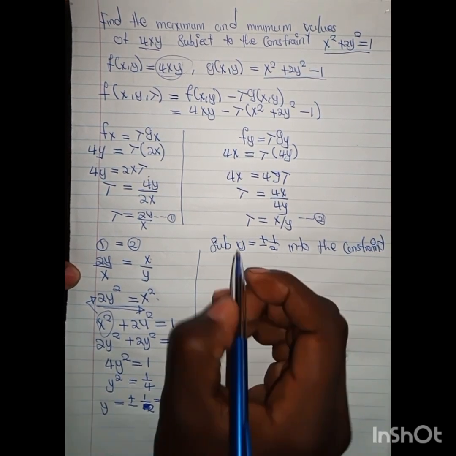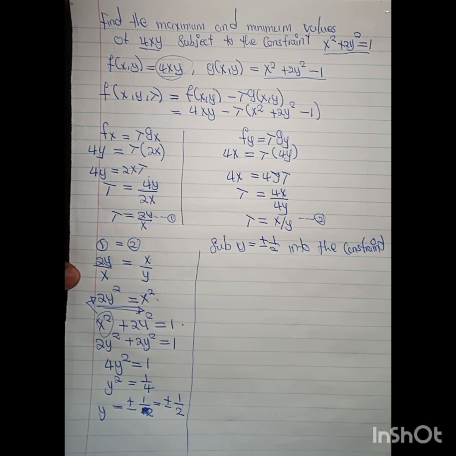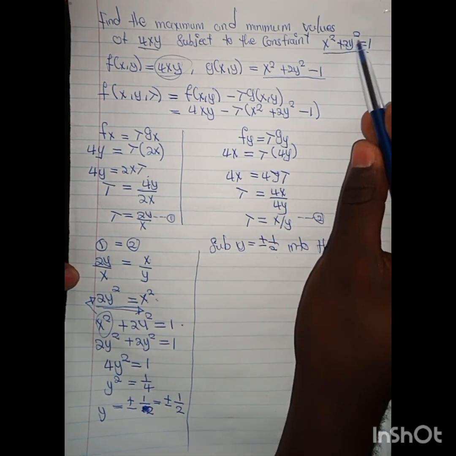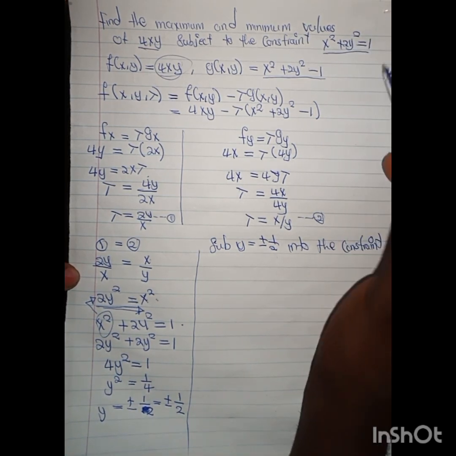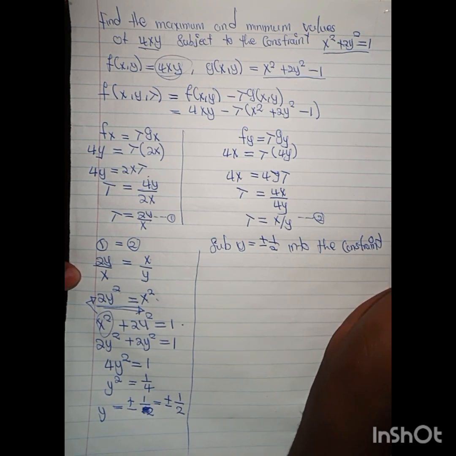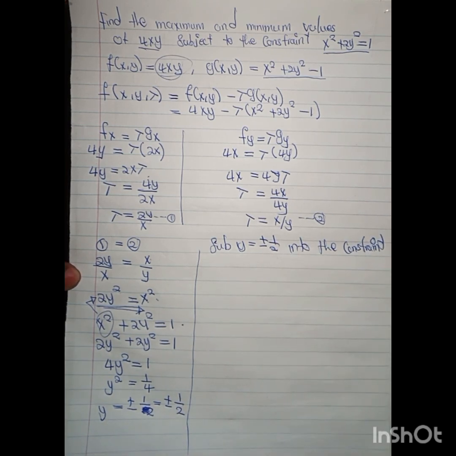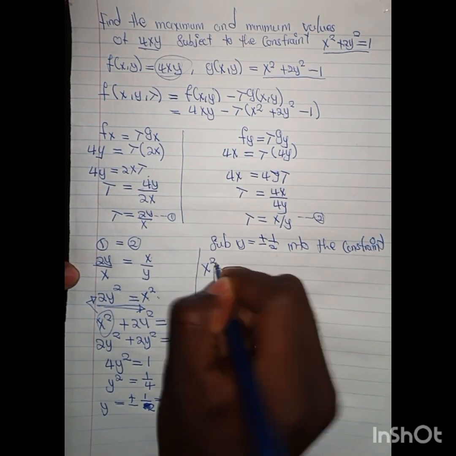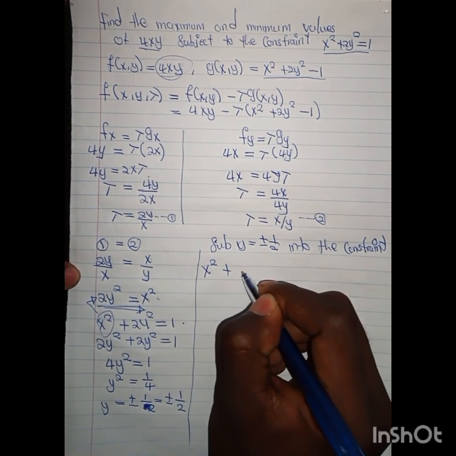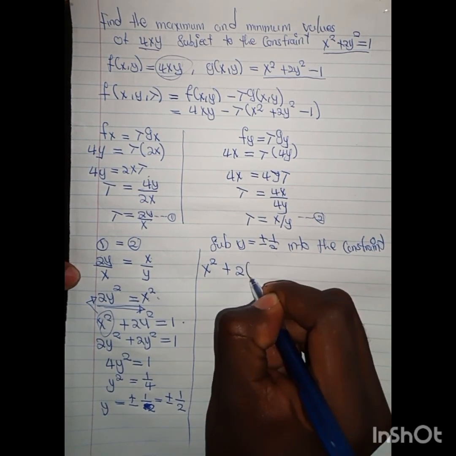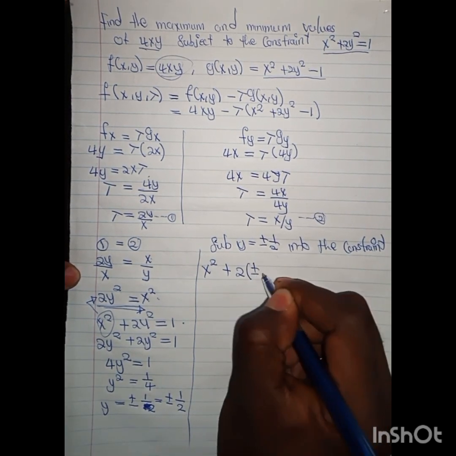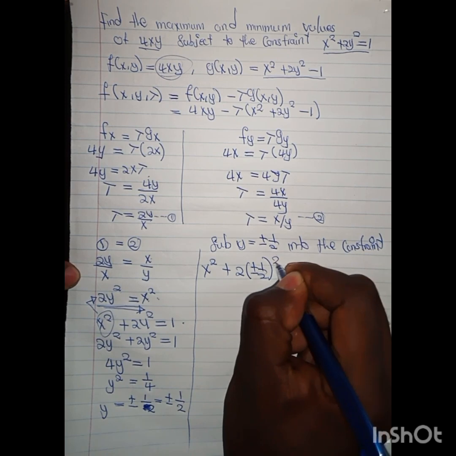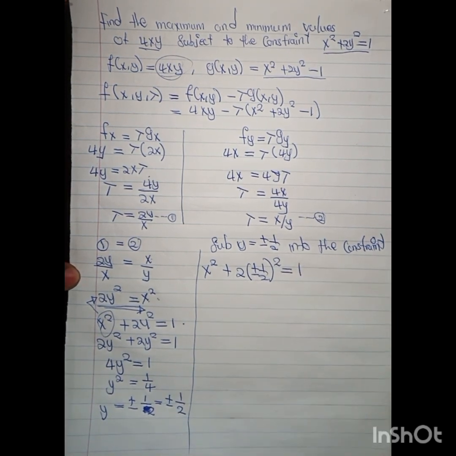By doing so let us first use the value of y as positive. Since we have the square here, whether it's positive or negative, it will result in the same value. So I'm going to use the following: x squared plus 2, where there is y, we put plus or minus half squared equals 1.